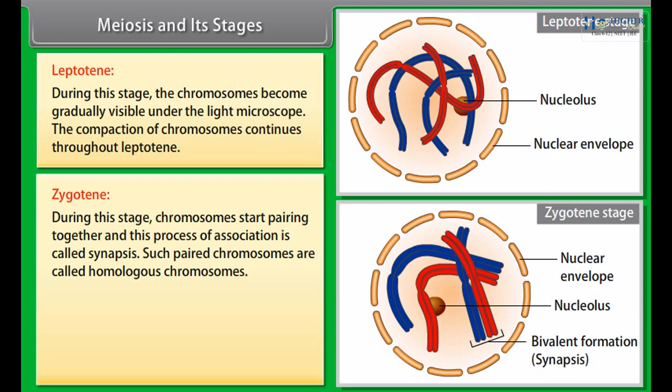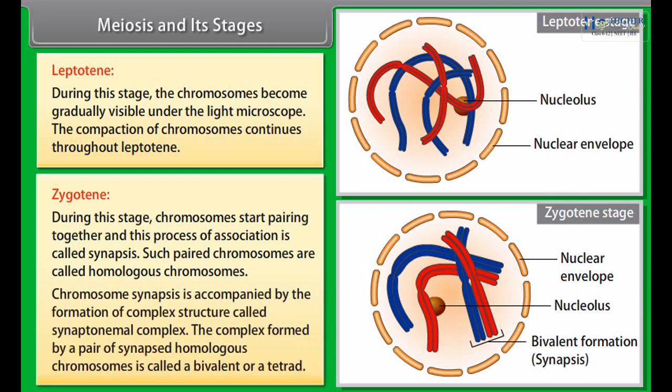Such paired chromosomes are called homologous chromosomes. Electron micrographs of this stage indicate that chromosome synapsis is accompanied by the formation of a complex structure called the synaptonemal complex. The complex formed by a pair of synapsed homologous chromosomes is called a bivalent or a tetrad.